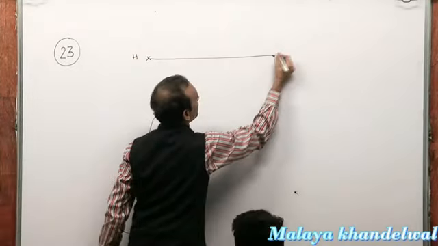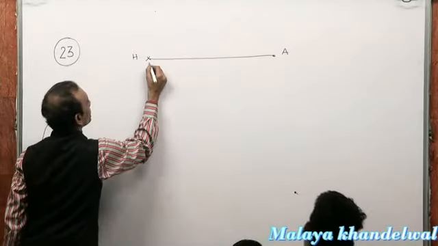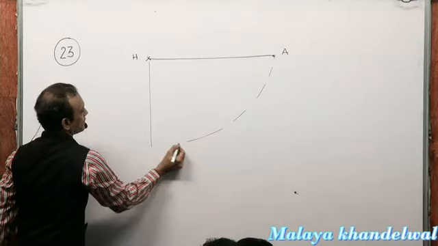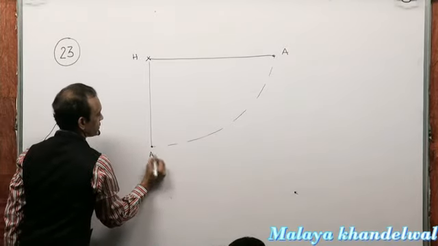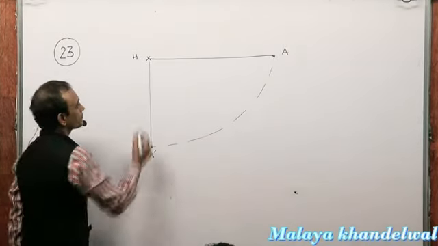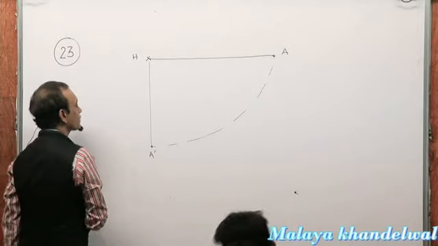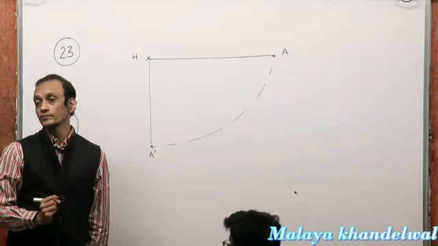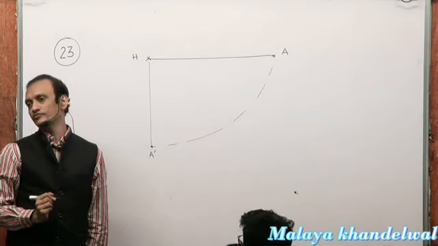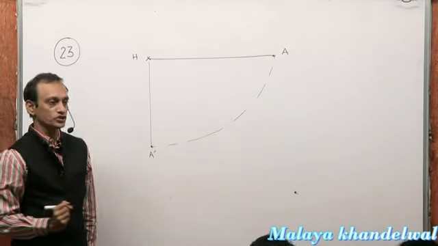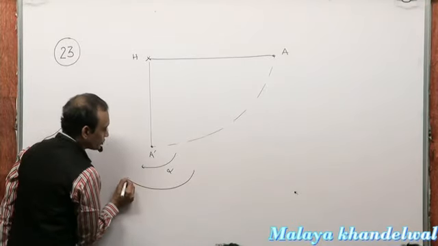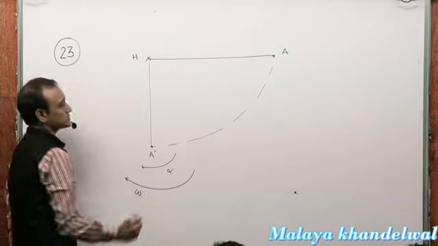This was the end A. A moves in a circle of radius L, eventually comes to this point, A prime, right? When the rod becomes vertical, I want to be able to find the alpha of the rod and the angular velocity of the rod. I want to find what the alpha is, and I want to find what the omega is at this instant.